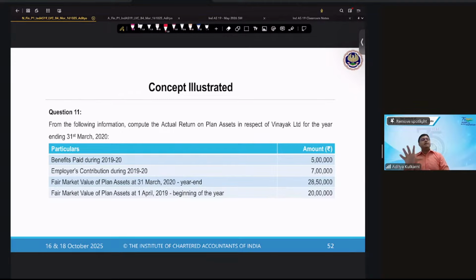So 20 minus 5, the closing obligation will be 15. But will I pay 5 lakh? Answer is no. It is the fund which will pay the 5 lakhs. So the fund is sitting at 20. Out of that, the fund value also will go down, and my obligation also will go down. So both will go down and they will sit at 15 lakh at the end of the third year. Are you able to follow? Yes?